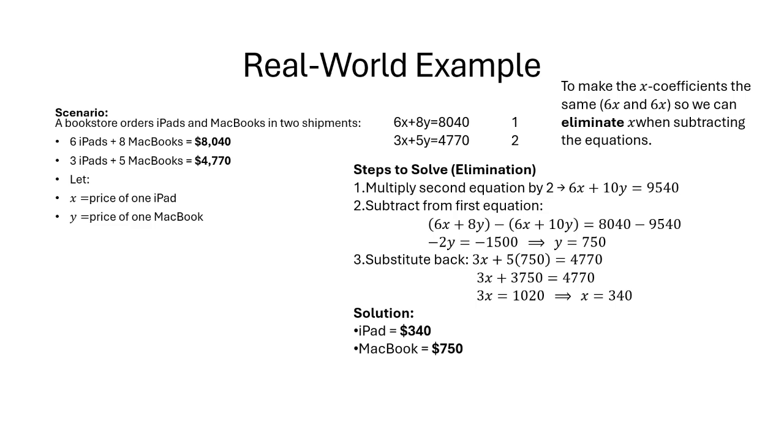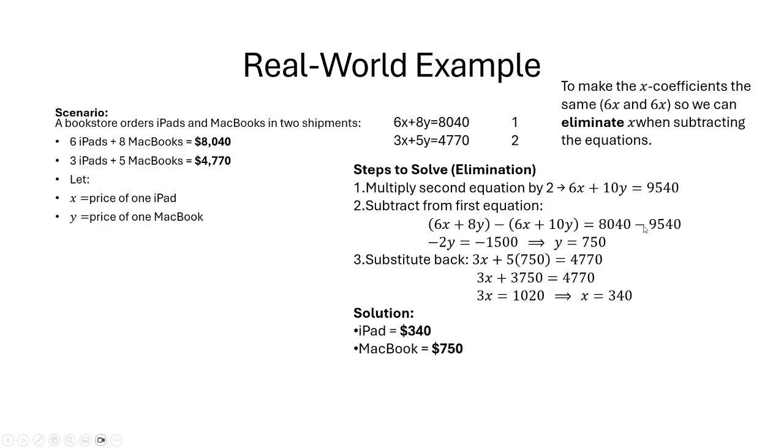So steps to solve, which is going to be our elimination. We got to multiply the second equation by 2 because we got to find the coefficient, so it'll be 6x plus 10y equals 9,540. Now we subtract from the first equation, which is 6x plus 8y minus 6x plus 10y equals 8,040 minus 9,540.